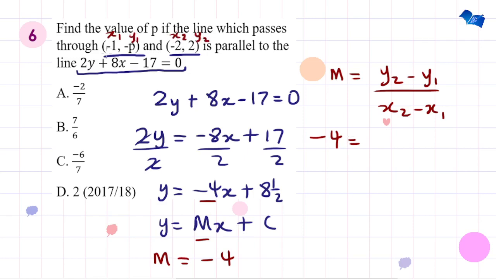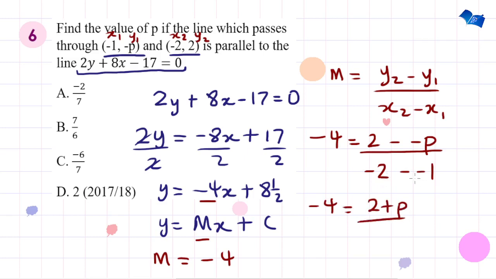It's always good to label a point or the coordinates this way so that you won't mix things up. y2 is 2, minus y1 is minus p, over x2 is minus 2, minus x1 is minus 1. So we have minus 4 is equal to 2 plus p over minus 2 plus 1.